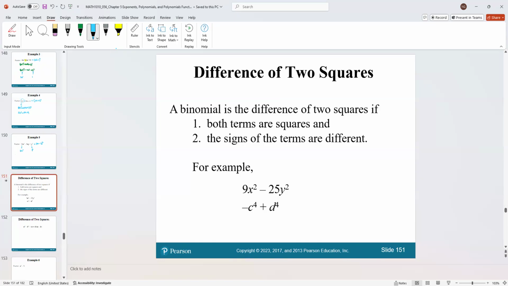The special product pattern presented in one of the sections we did previously, for the product of a sum and a difference of two terms, is used again here. The emphasis now is factoring. You do factoring rather than multiplying. Look at that. A binomial is the difference of two squares if both terms are squares and the signs of the terms are different. So what we mean, we did that one before.